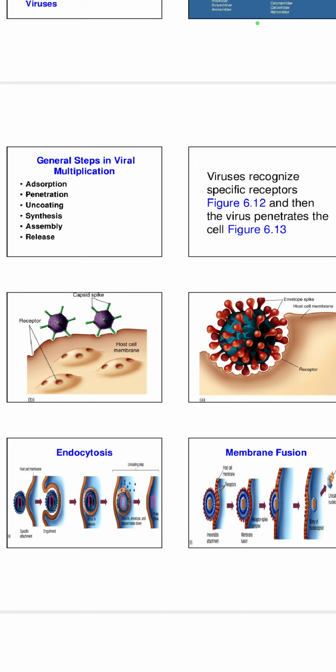So how do the general steps in viral multiplication work? Literally, the life cycle can be divided into adsorption, penetration, and uncoating, and then synthesis, assembly, and release.